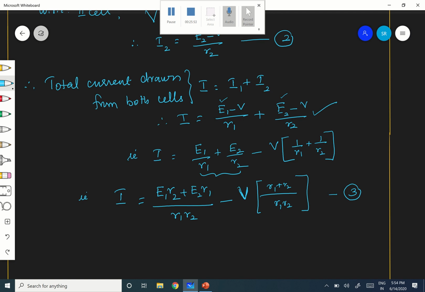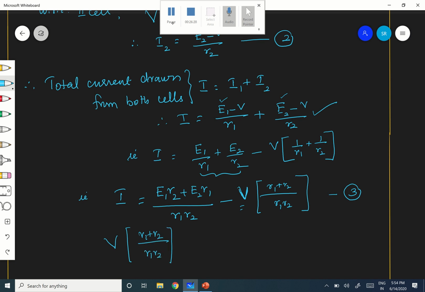What is V? Now I want it in terms of both the cells, E1, R1, E2, R2, everything. With respect to that I want V. Therefore, how can I write it here? If I take V to this side, V into R1 plus R2 divided by R1 R2.